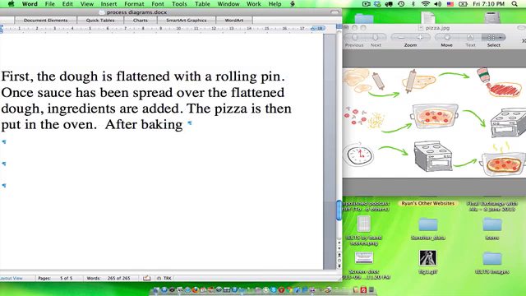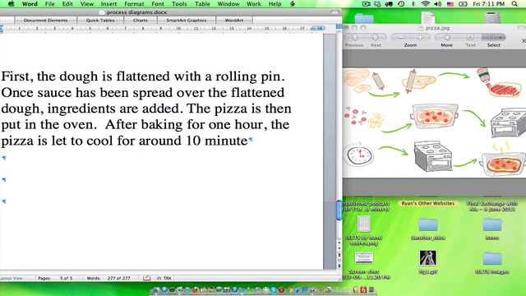After baking for 1 hour, the pizza is let to cool for around 10 minutes. Okay, and then maybe just a closing little, so finally the pizza is served.